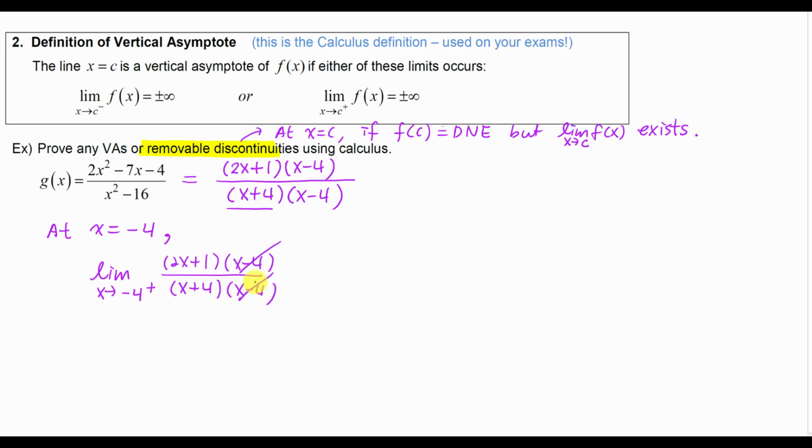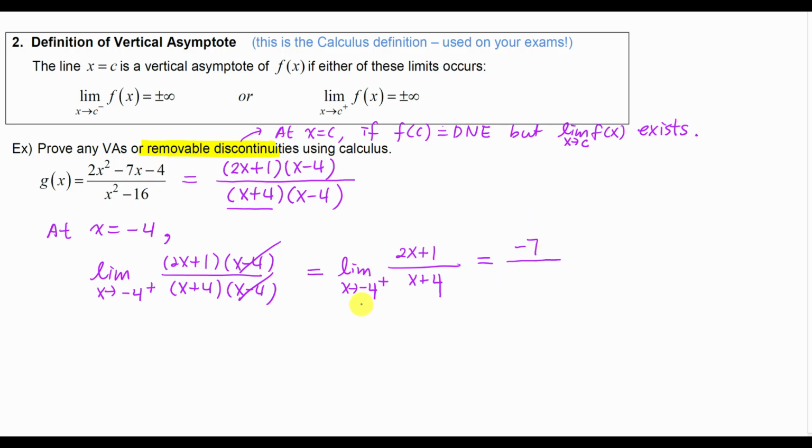Well, these you can cancel, which is limit as x approaches negative 4 from the right of 2x plus 1 over x plus 4. Now if you plug negative 4 for x in the numerator, I just get negative 7.